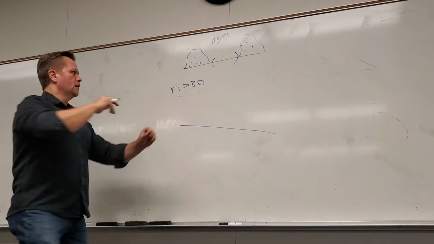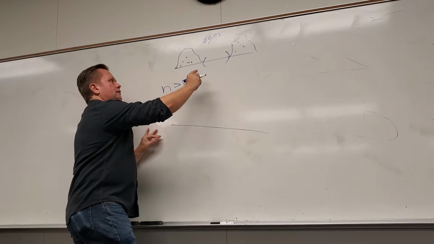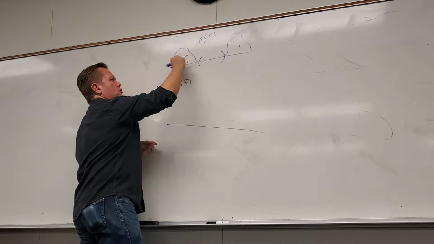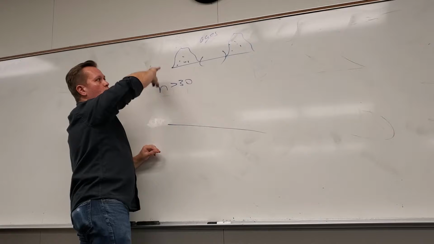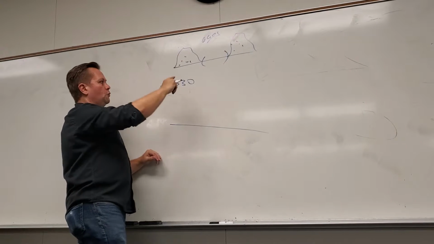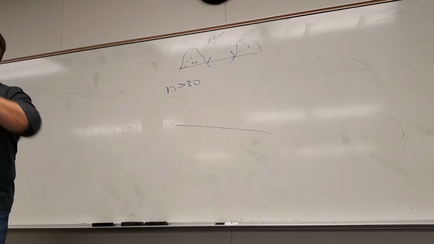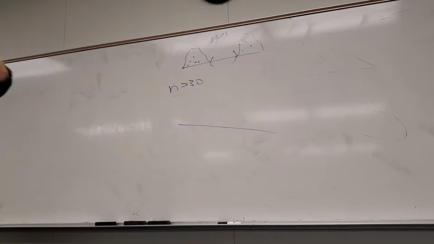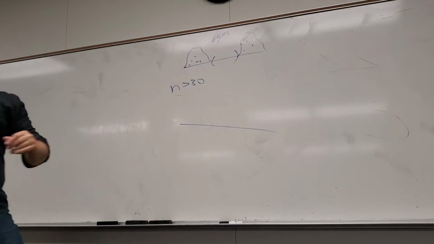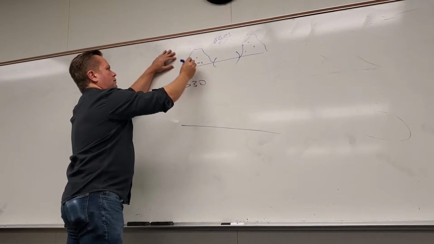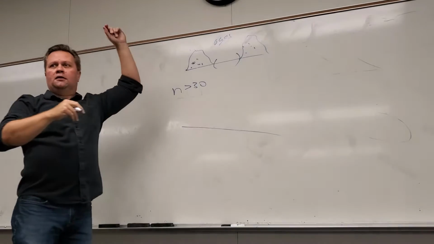So what's neat is, I don't care what the distribution starts off as, it could be whatever. Once I get above 30 and I plot the means, I take 30 people, or in this case, let's say 31 people, and I take your average and I put a dot. So what's the difference here? That dot right there would be a person.